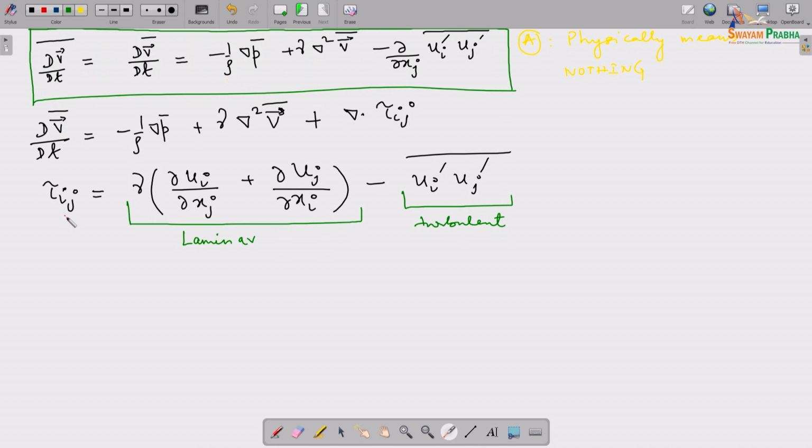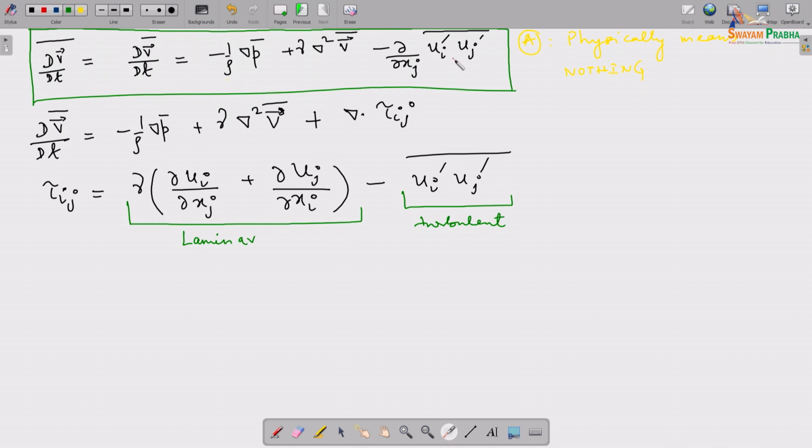So if I write it this way, I introduce this shear, tau ij, and I say the shear consists of a laminar part and a turbulent part. I leave you to work out how the gradient of this term should give us back the term I'm looking at here.